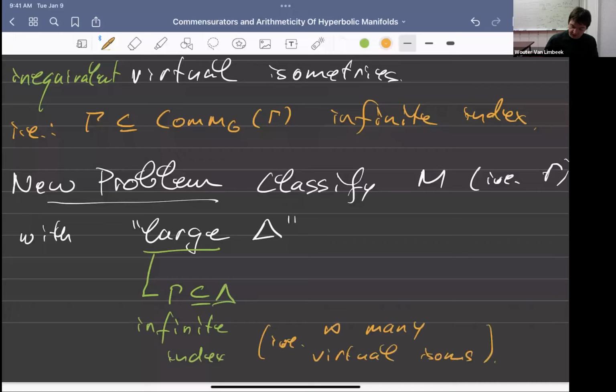But actually, this turns out to be the same as delta is dense.